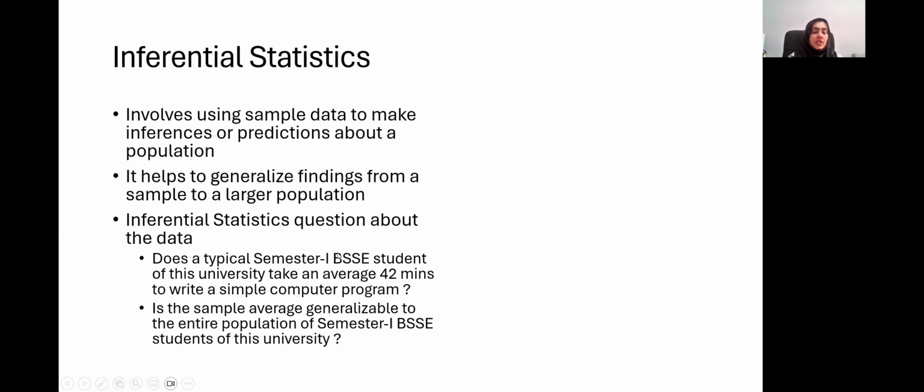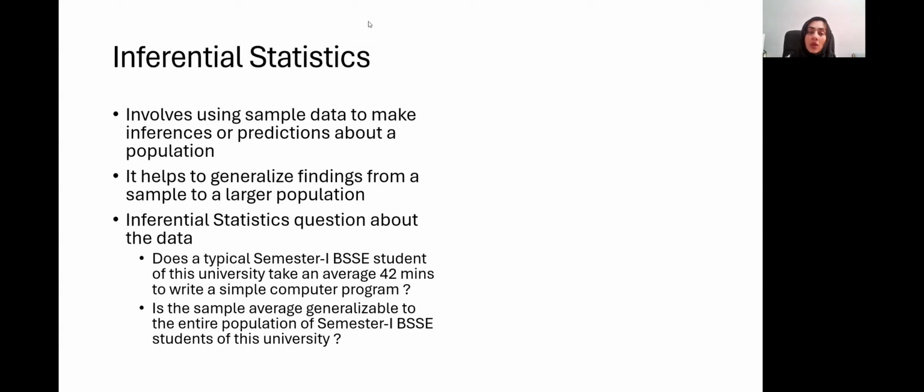Coming to inferential statistics, it involves using sample data to make inferences or predictions about a population. It helps to generalize findings from a sample, which is a smaller group, a subset, to a larger population, which we of course cannot exhaustively cover. Inferential statistics asks questions about the data, such as: does a typical semester 1 BSSC student of this university take an average of 42 minutes to write a simple computer program?